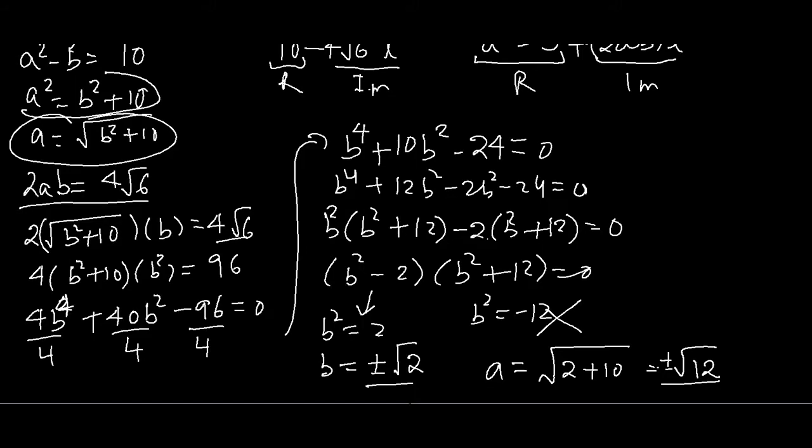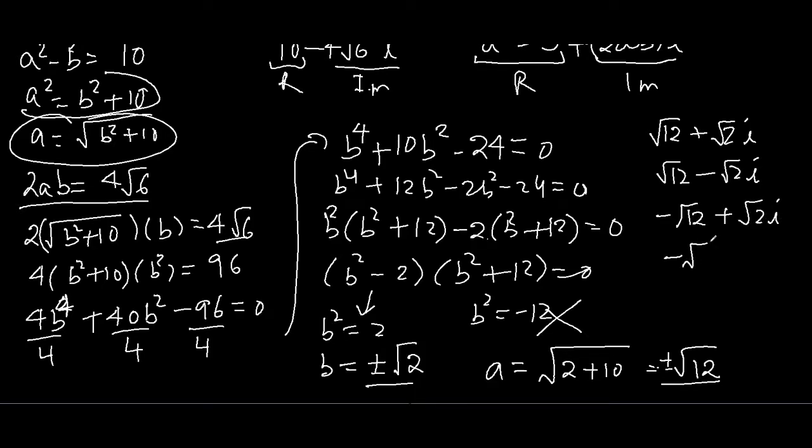So what will we do? We'll list them. First, √12 + √2 i, then √12 - √2 i, then -√12 + √2 i, and -√12 - √2 i.